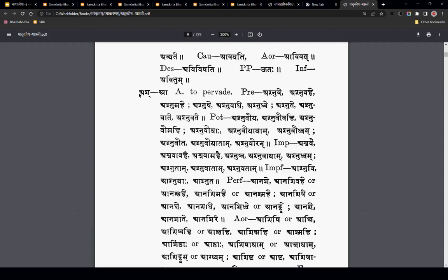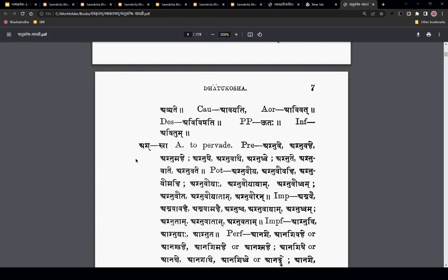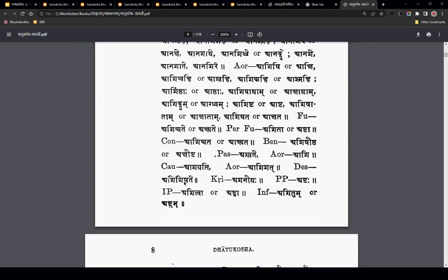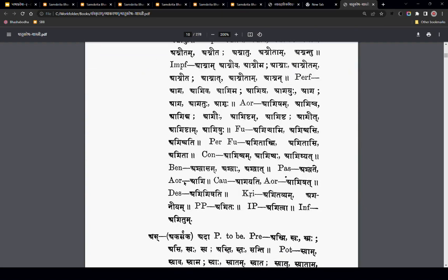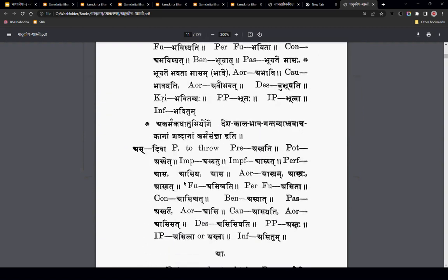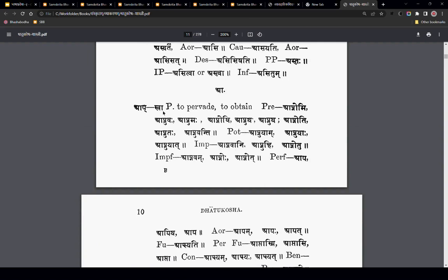What I would like to show is that if you look at any dhatu, it shows one letter. All the dhatu koshas may look a little different, but generally you will find a couple of things there. First, the dhatu, for example ash dhatu, and an easier one, ap dhatu.